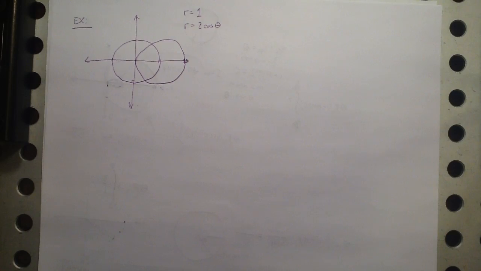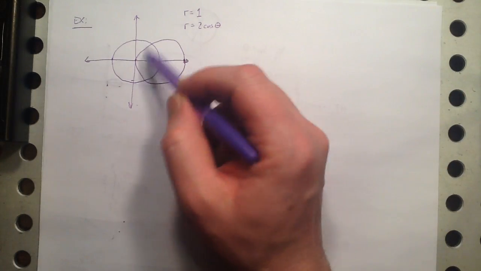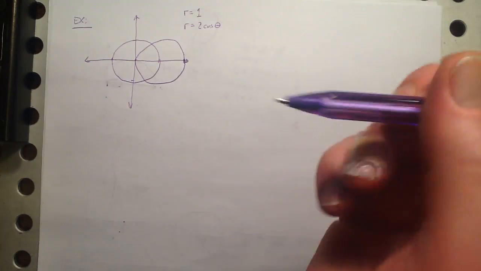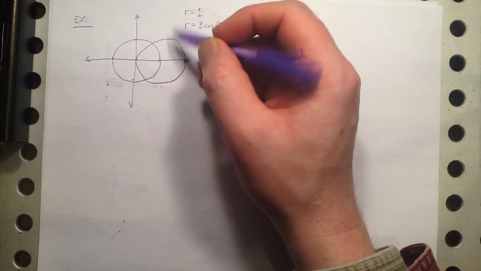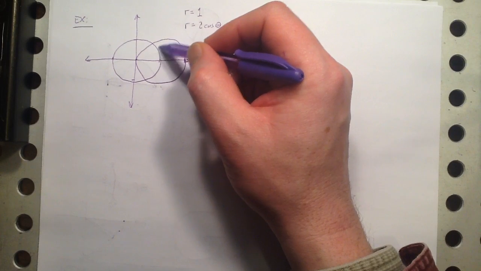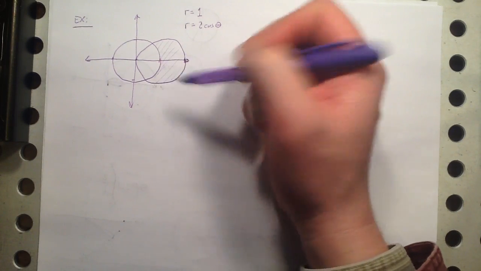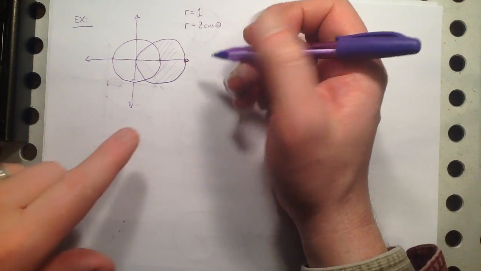So we're going to try to do two different areas here. Areas that are defined by not one or the other, but both of these curves. So the first area, let's do this area here.